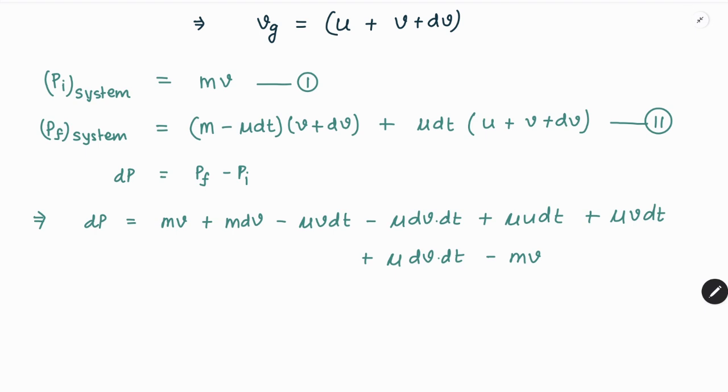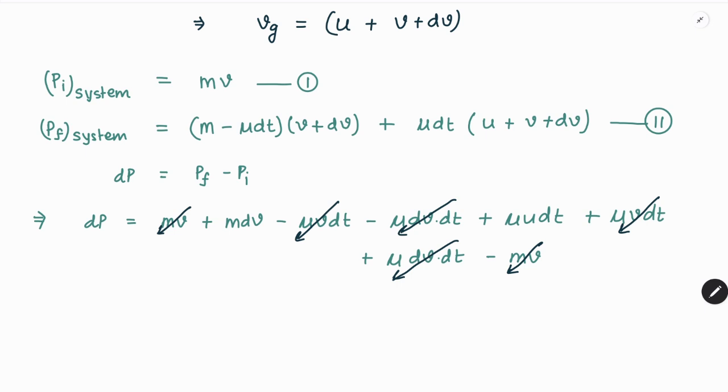If we solve this expression, plus mv and minus mv cancel out, minus mu dv dt and plus mu dv dt cancel out, and then minus mu v dt and plus mu v dt also cancel out.